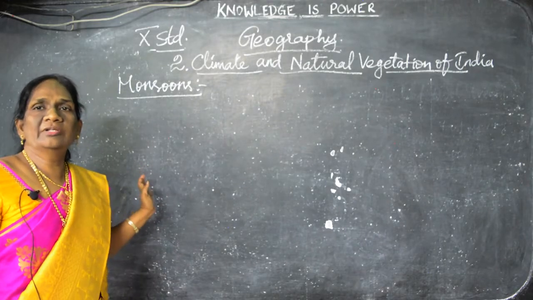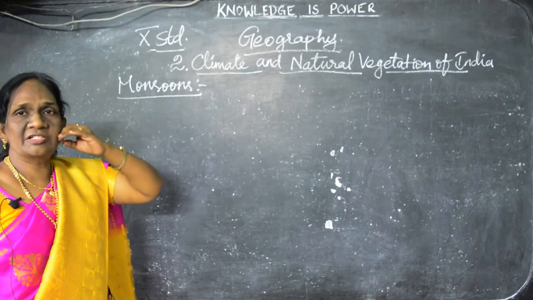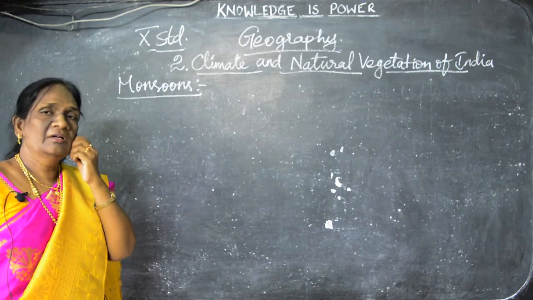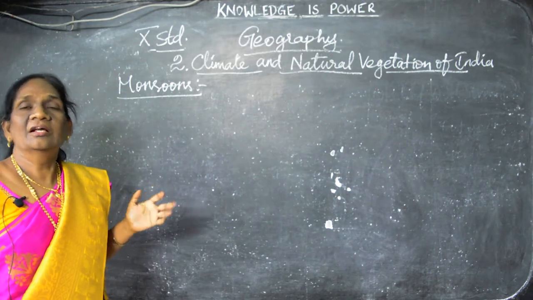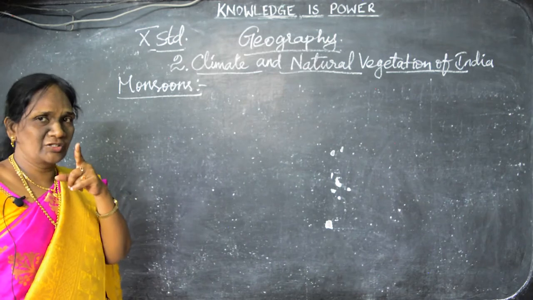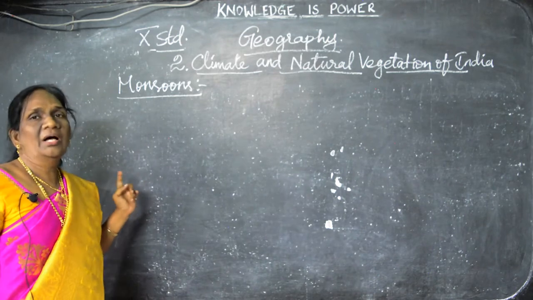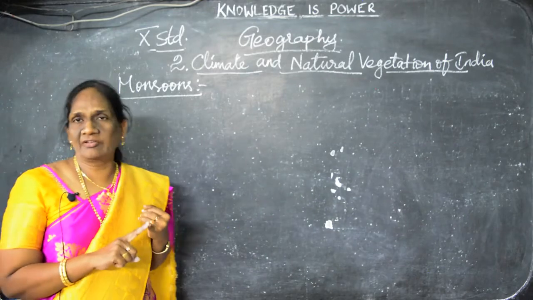Already we saw about the factors, the climate and natural vegetation of India. We saw about the factors. What are the factors we saw? You say, let's see if you know. I told you 6 factors. Before going to the monsoon, you just say the factors.